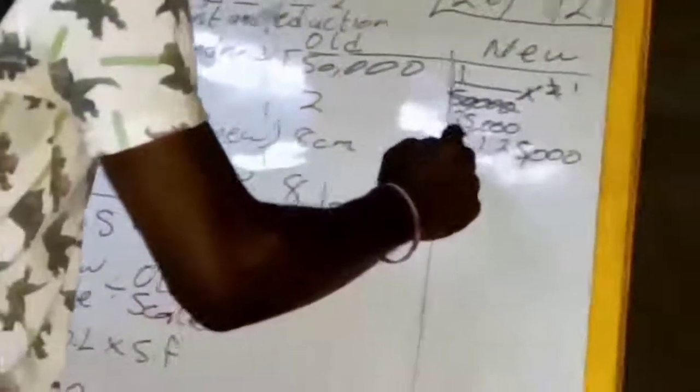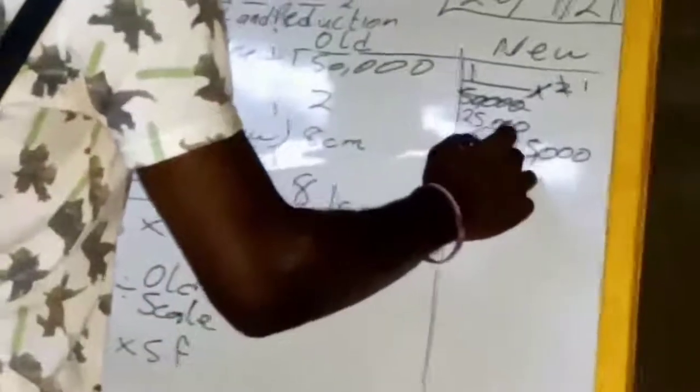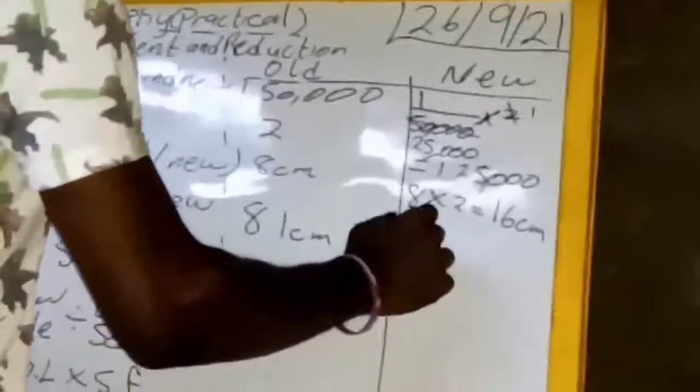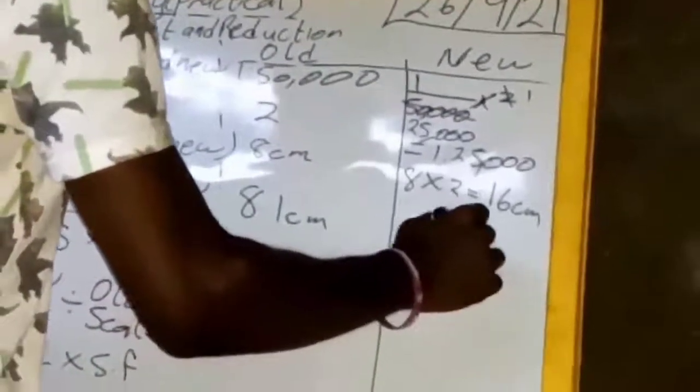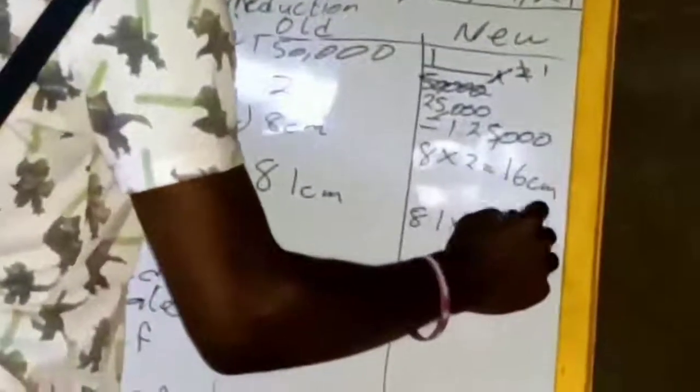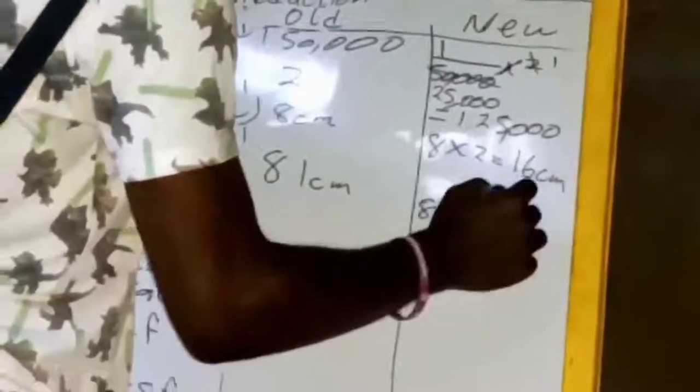The next one is the length. So old length times scale factor is 8 times 2, giving us 16 centimeters. And then 8.1 times 2, giving us 2 times 1, 2, 2 times 8, 16.